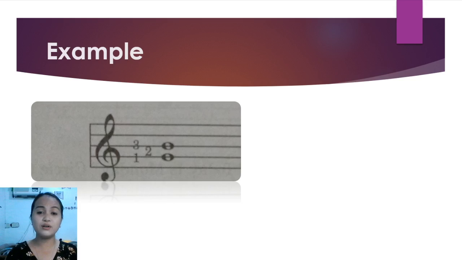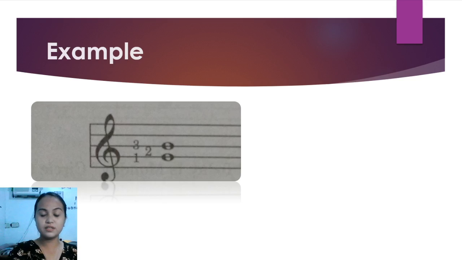You need to count every line and space starting from the lower note. Where is the lower note? Below. Going to the next note. You are not going to count what is not on the staff. You only count what is on the staff. So, the lower note is the starting note, and we go to the next note.